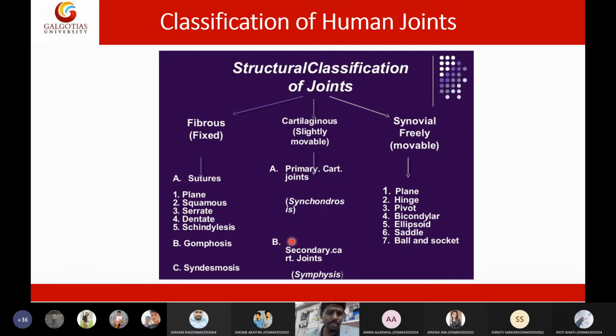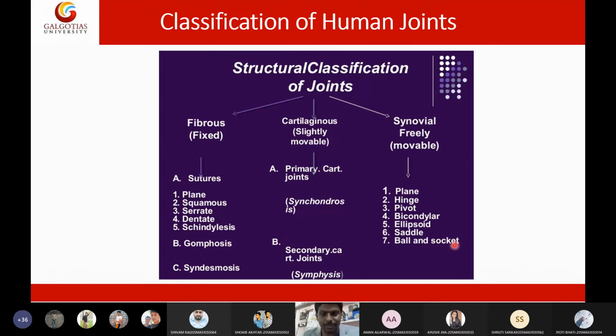Okay, so the third one is synovial joint, students. As I said, synovial joints are the freely movable joints. They have a wide range of movement and flexibility. Synovial joints are also called ball and socket joints.